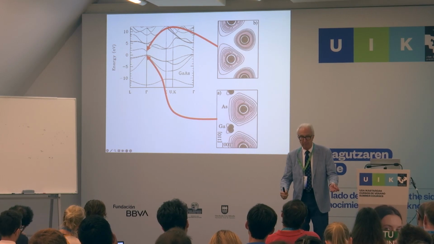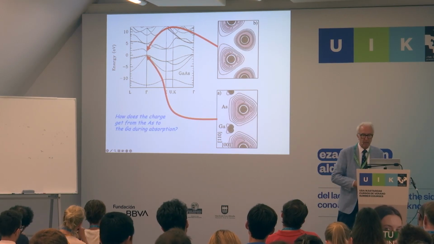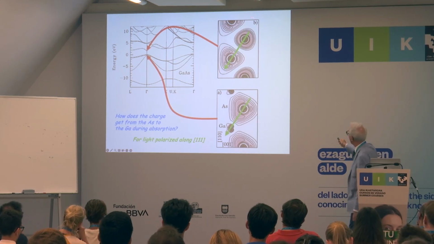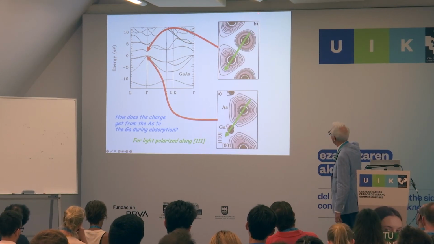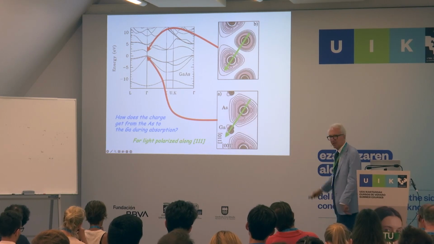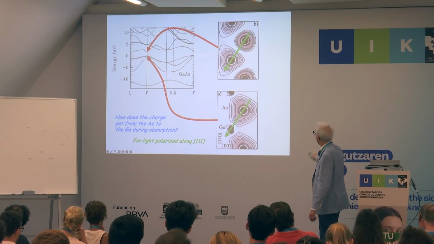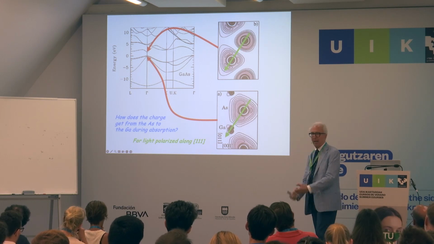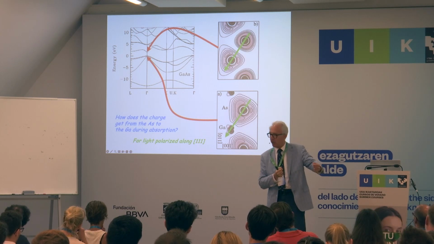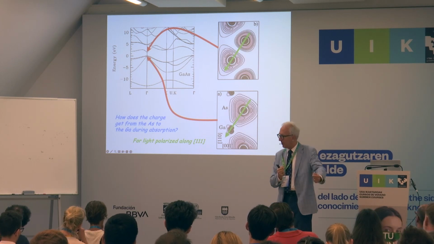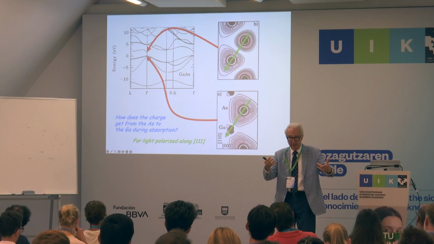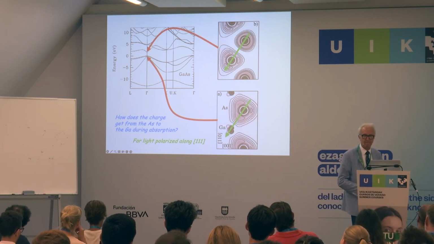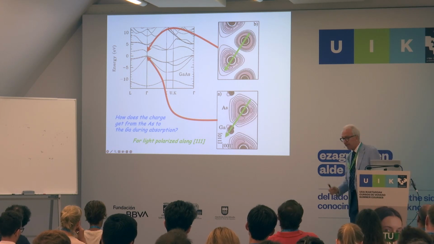Well, it depends. If you choose your electric field to be oscillating in this direction, light polarized along the 1-1-1 direction, they're going to do that by moving from the arsenic to the gallium. That's a shift. Their position is shifting, and as light is being absorbed, you will get this current. So that's the sigma term.